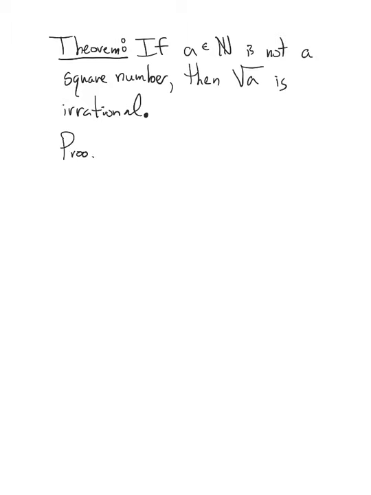And our proof is going to be by contradiction. So we're going to pretend like there's a counterexample, and we're going to show that the world of math breaks. So we want to pick a number that is not a square number so that the p part is true, but it can be written as a fraction.